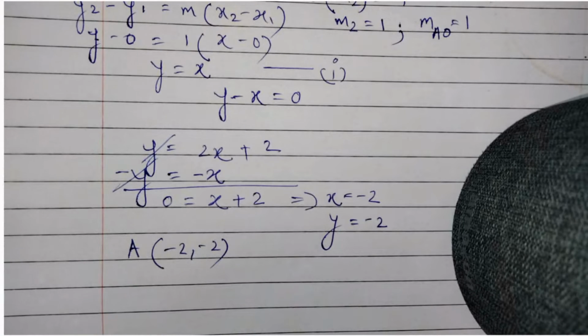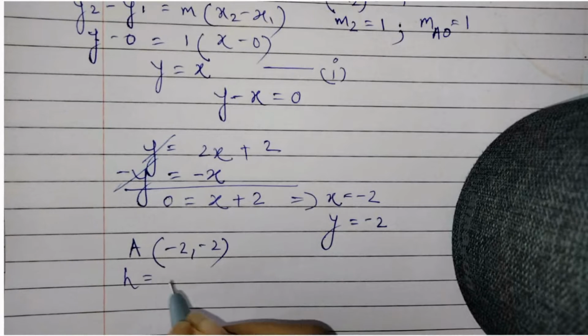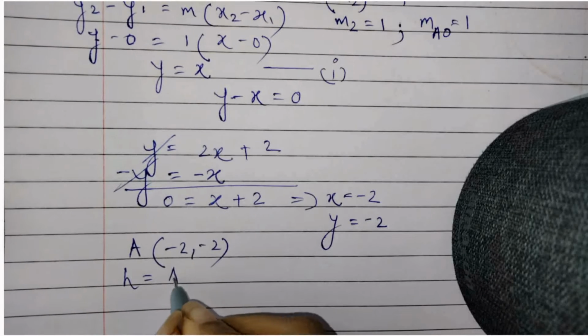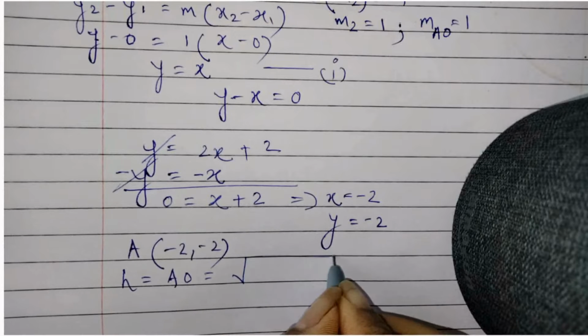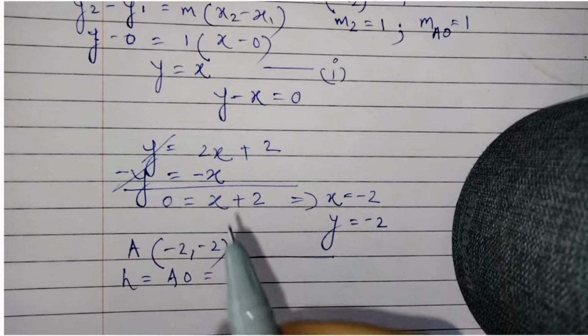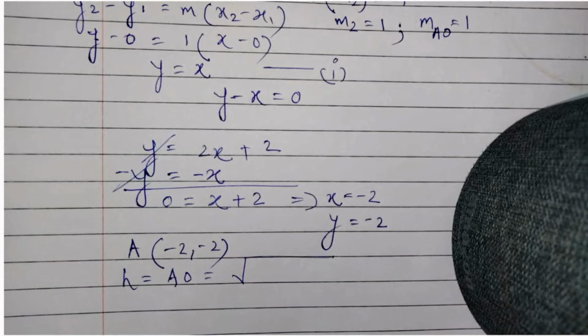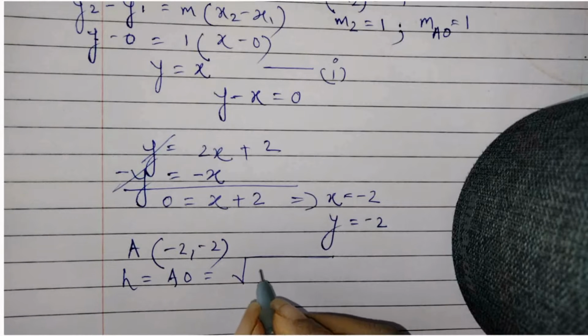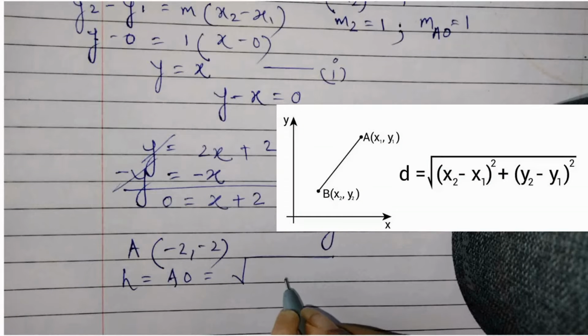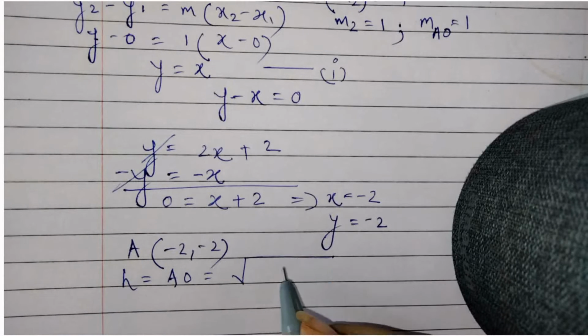Now let us find the length of this altitude AO. Using the distance formula we can find the length of the altitude. The distance formula is the root of x2 minus x1 whole square plus y2 minus y1 whole square.